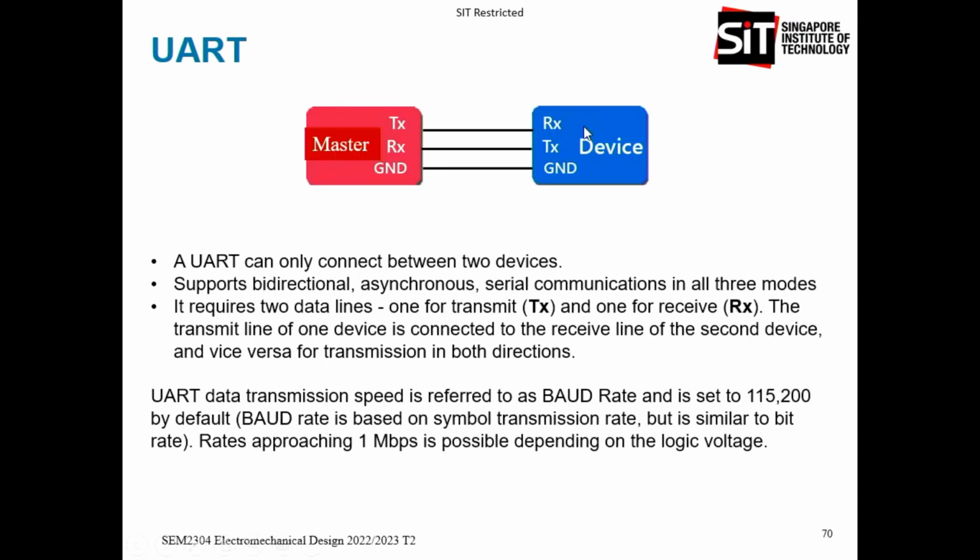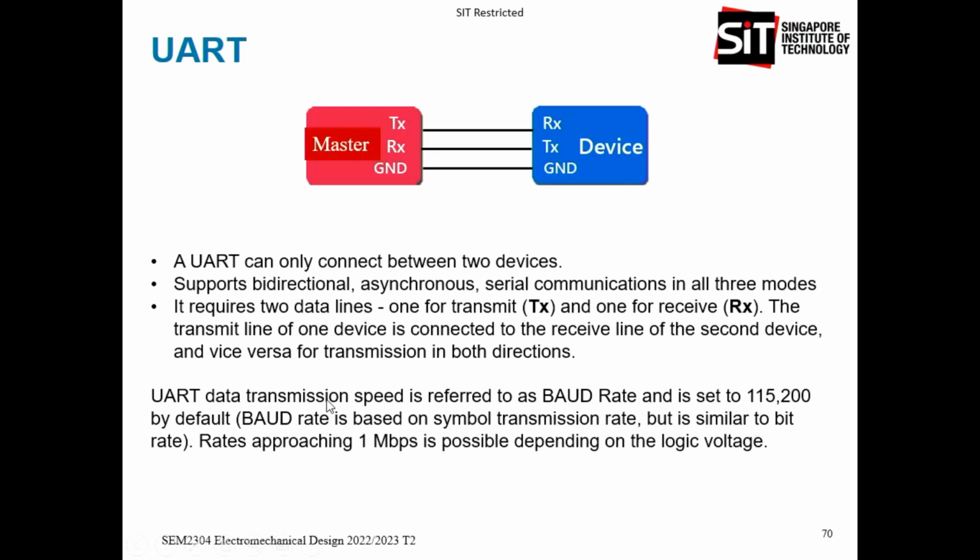UART we mentioned earlier. UART can do full duplex, but one communication port can only communicate with one device. So if you have two devices, then you need 6 pins. With SPI, 6 pins, I can control 3 devices.